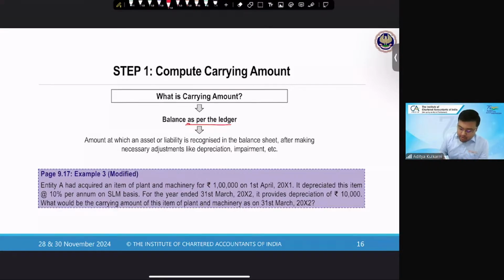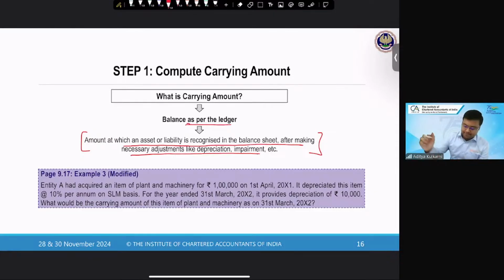This is technical. Amount at which an asset or liability is recognized in the balance sheet after making necessary adjustments like depreciation, impairment, etc. ये सारी चीज करने के बाद ही आपका GL बैलेंस आता है ना. So whatever is there in your GL balance, that becomes your carrying amount. Any doubt so far? No, sir.